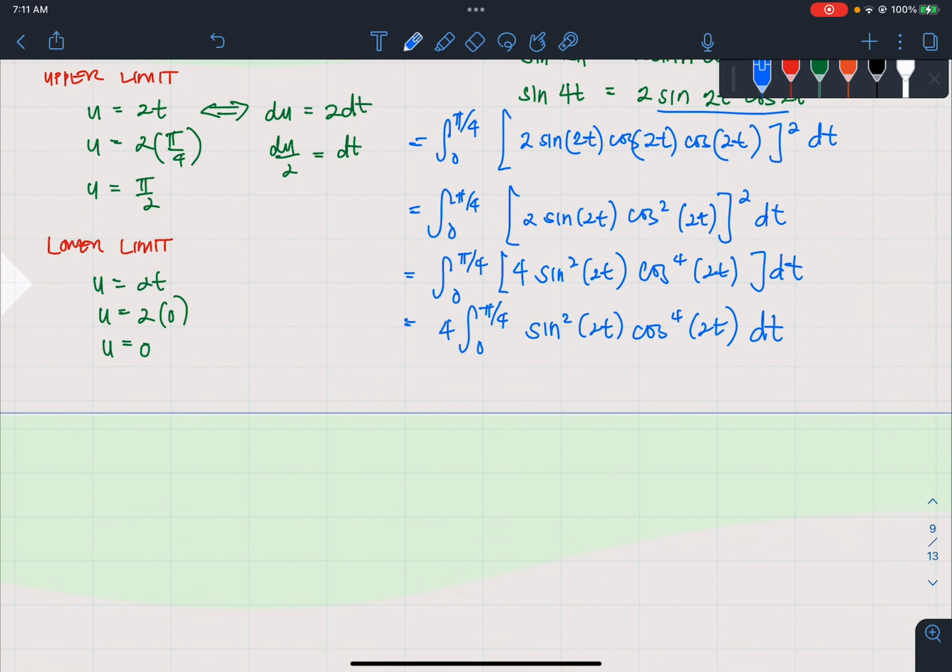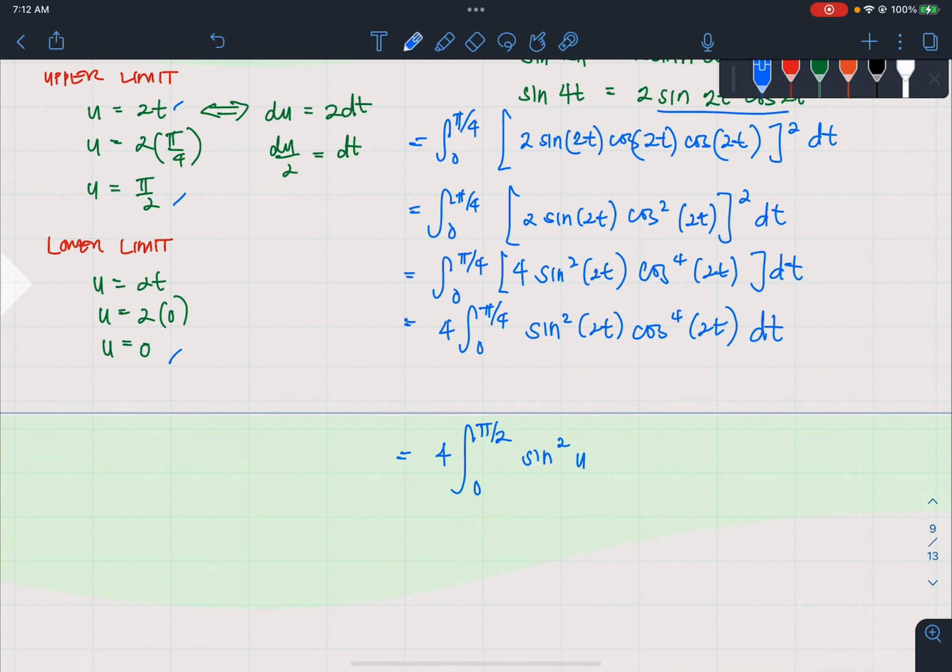And let's transform. So to transform that, I'll have 4, and then the lower limit 0, and pi all over 4, which is pi all over 2. That's the new limit. And then the sine squared, so 2t is u.